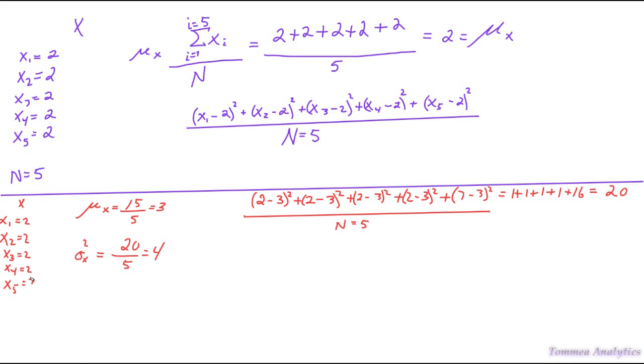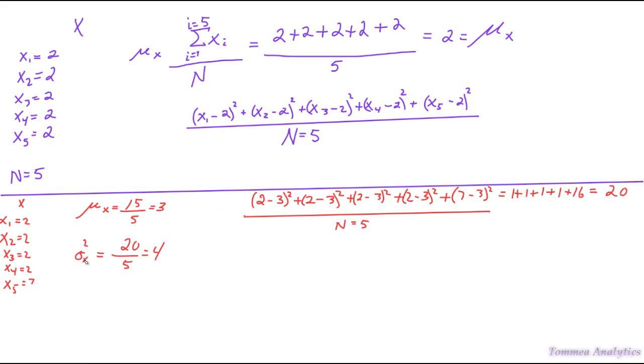Now this calculation we did in both cases gives us an average, but when we don't take the square root of the numerator and denominator, we have what is called the population variance, which is denoted with this symbol right here.